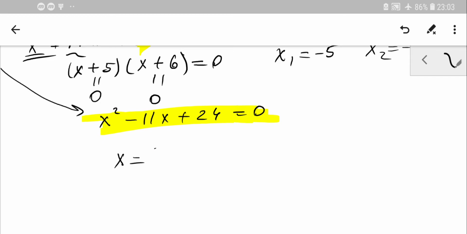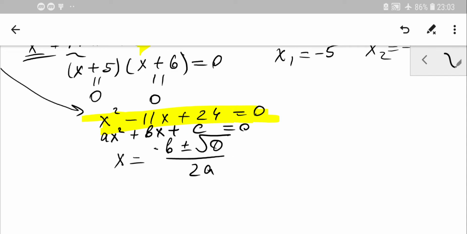You'll use the formula -b plus minus square root of the discriminant over 2a, where you have the form ax squared plus bx plus c equals 0. In our case, a is 1, b is -11, and c is 24.